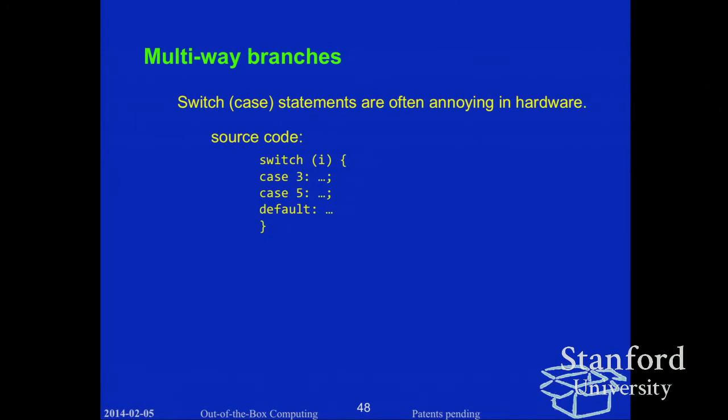If that is our source code, the machine code will typically test for the first case and branch to it, test for the next case and branch to it, test for the next case and branch to it, and so forth.